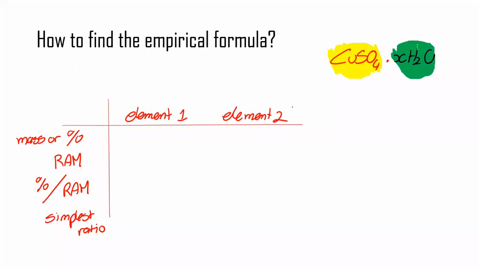And instead of using the RAM of the element, we would be using the RMM. You have a couple of questions of this sort among the questions that you should work after this video.